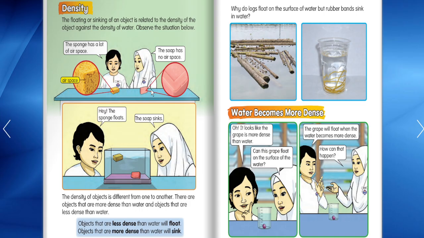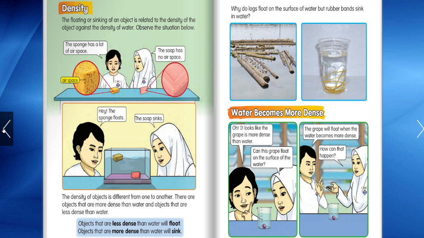Like in sponge and soap, which has more density? Soap. That's why soap sinks and sponge floats. So objects that are less dense than water float, and objects that are more dense than water sink.